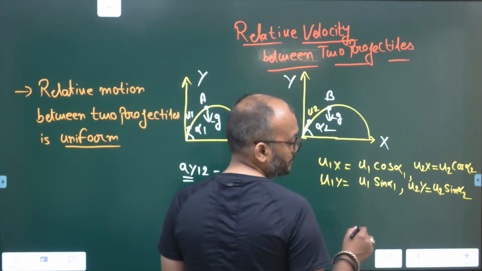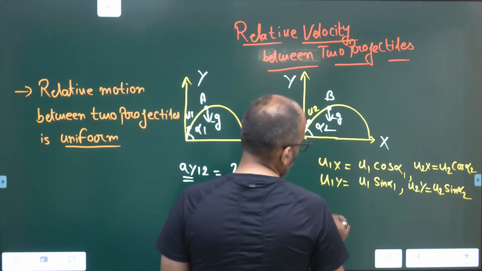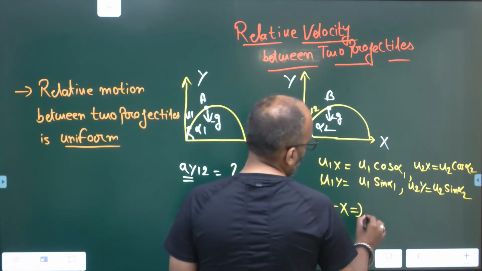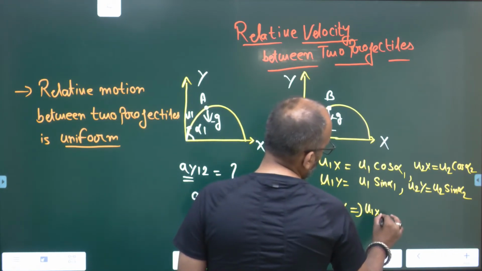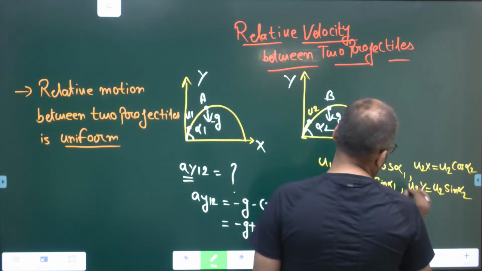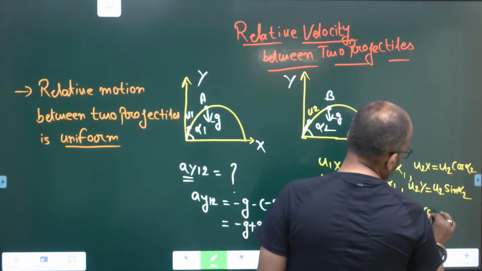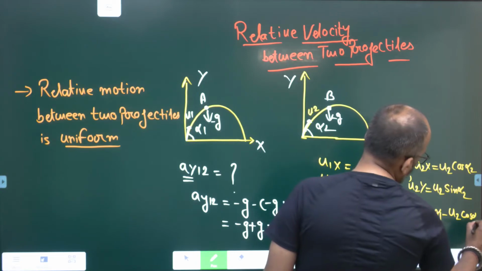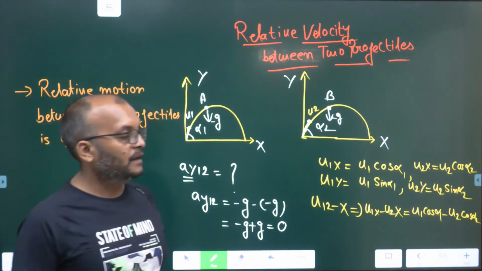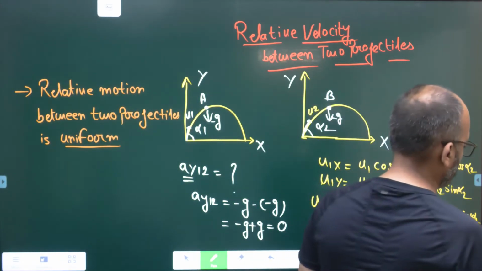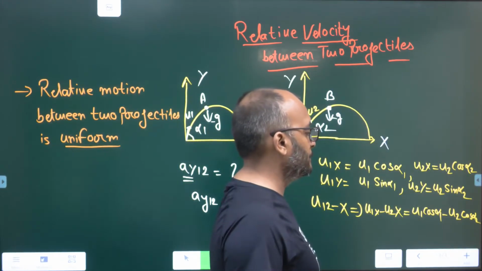So if I ask you the relative motion of body 1 with respect to 2 and their x component, it will be u1x minus u2x, yes or no? So it will come out to be u1 cos alpha 1 minus u2 cos alpha 2. Tell me, understood or not? Yes, sir. Everyone?